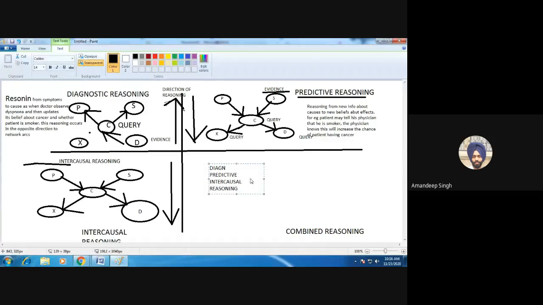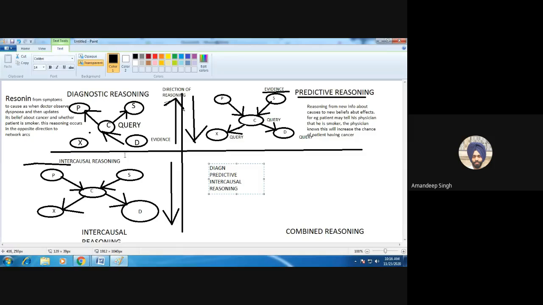By using all these three different reasoning procedures, with the help of given evidence, you try to arrive at some conclusion. So these are basically your inference procedures.